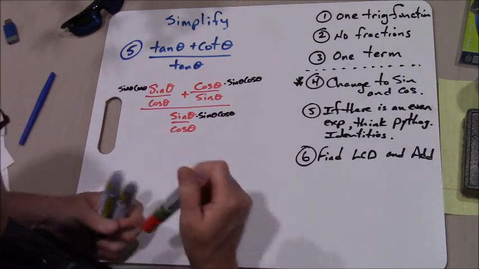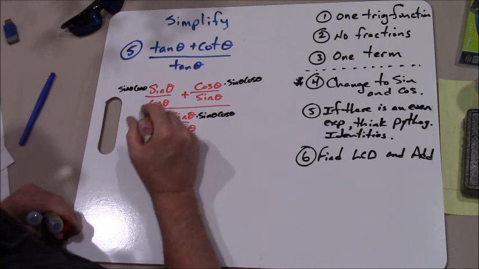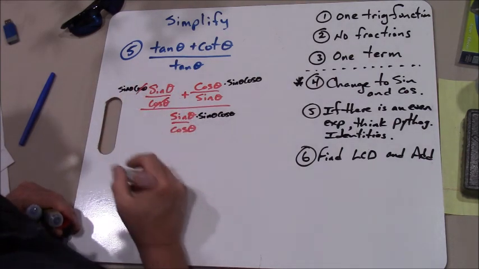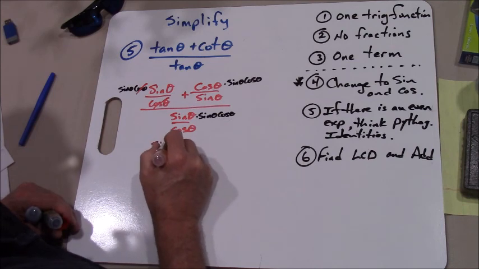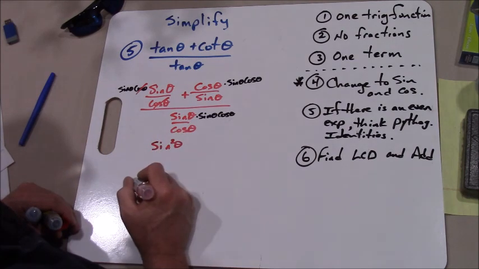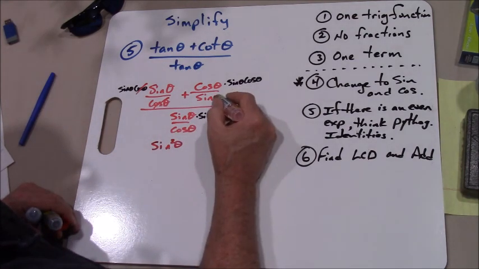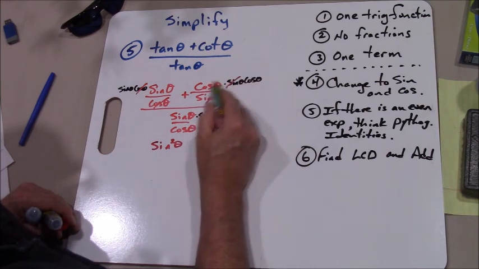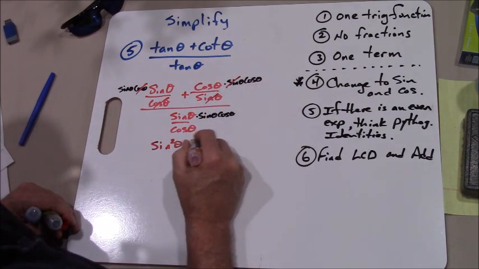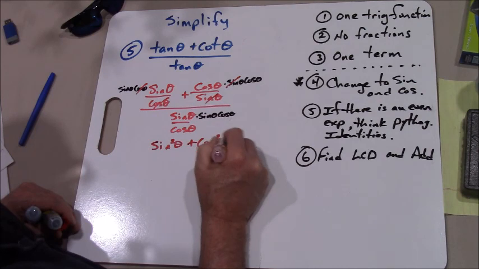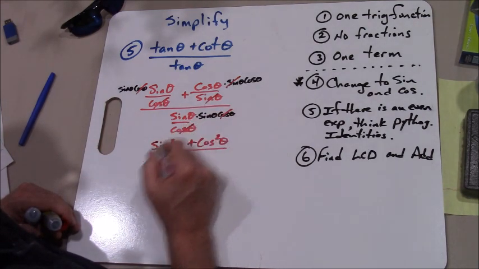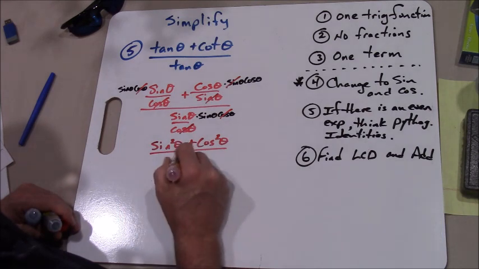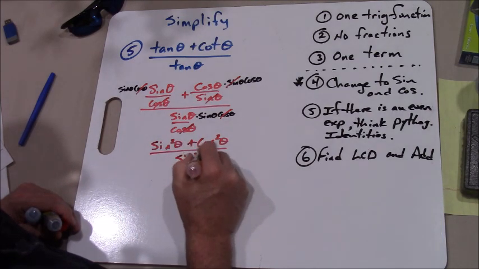So when I do that, in this first fraction, the two cosines cancel. I'm left with a sine theta times sine theta. That's sine squared theta. In this one, the sines cancel. That's plus a cosine squared theta. Here the cosines cancel, so I'm left with a sine squared theta.